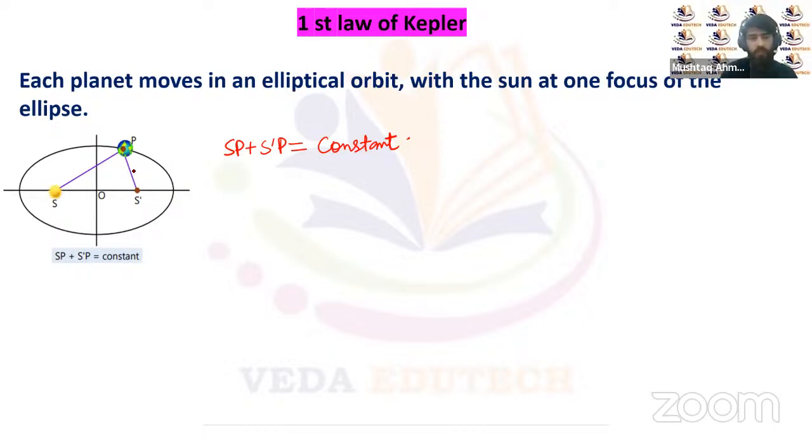You can see here, if the planet moves in an elliptical orbit, there will be two distances. One we call perihelion. This is the point where the planet is very close to the sun. And this other end we call aphelion.